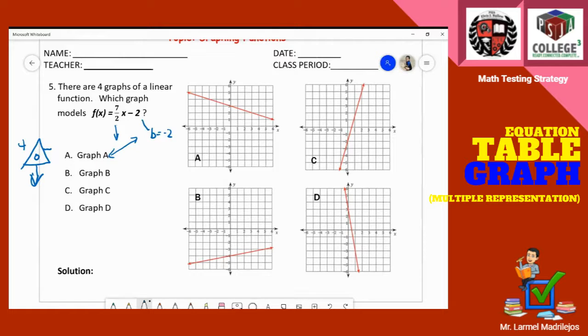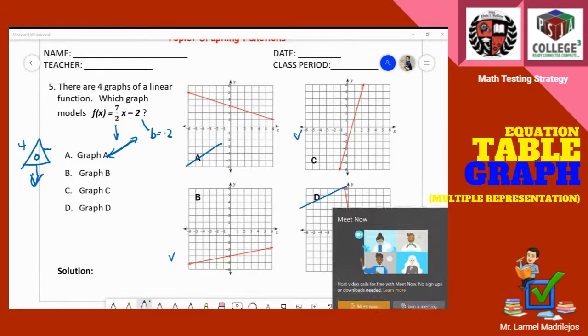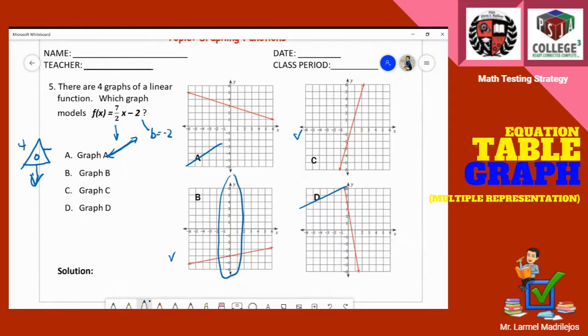So first I'm going to look for a slope like this. So this one is good, this one is good, this is wrong, this is wrong. Now I'm going to look for the y-intercept. So the y-intercept here is 4, or my bad, negative 4. The y-intercept here is negative 2. It matched my number here, negative 2. So letter C.